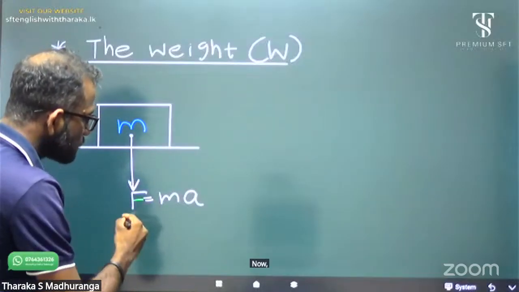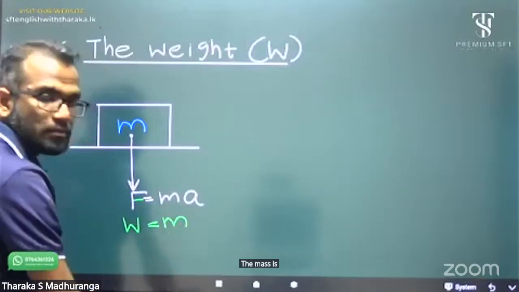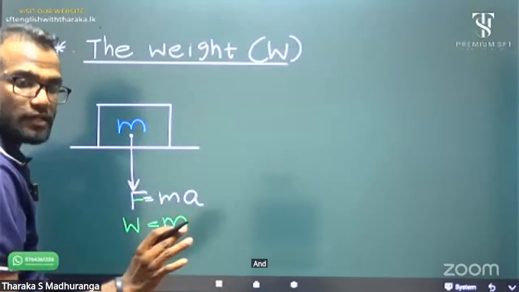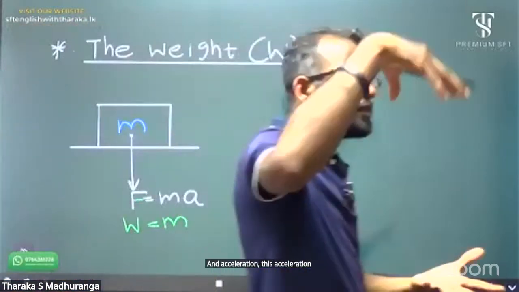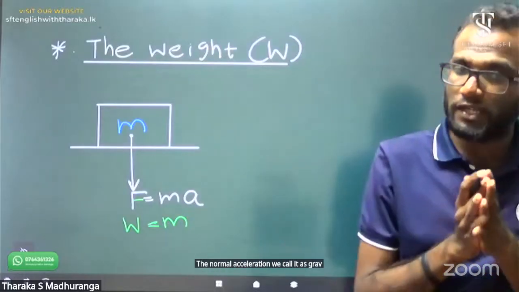Now the force is the weight, right? The mass is m, the mass of the object, right? And the acceleration is the acceleration due to gravity, which we call the gravitational acceleration.